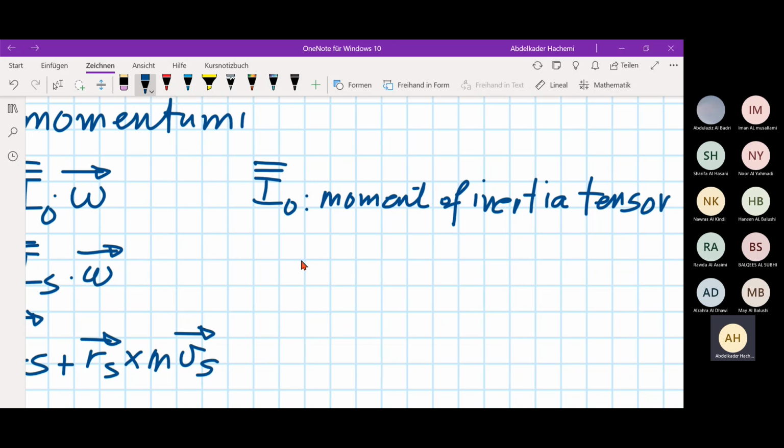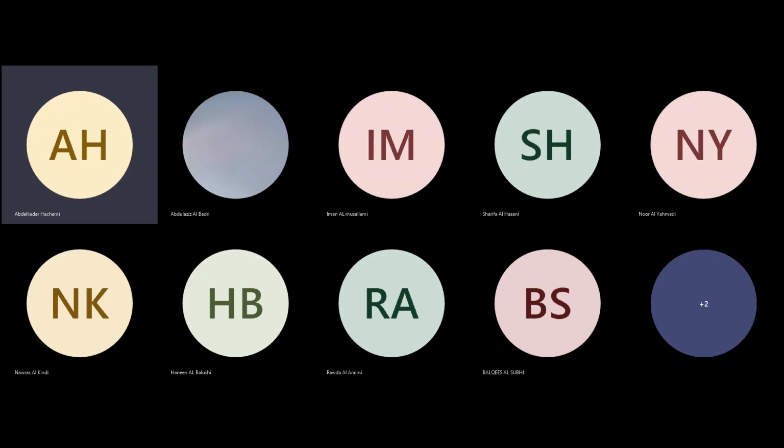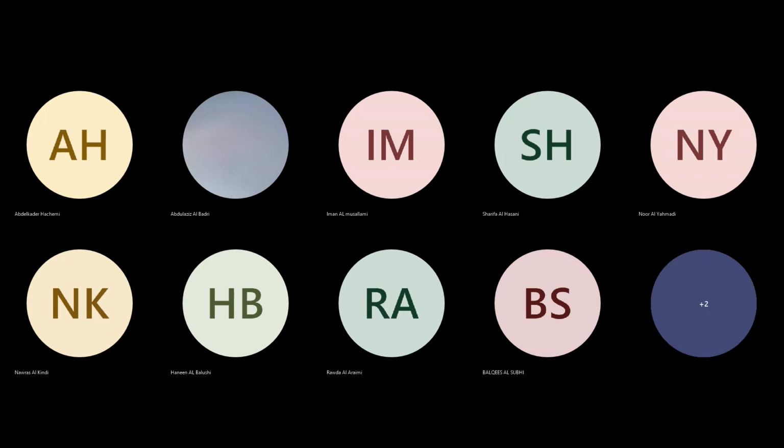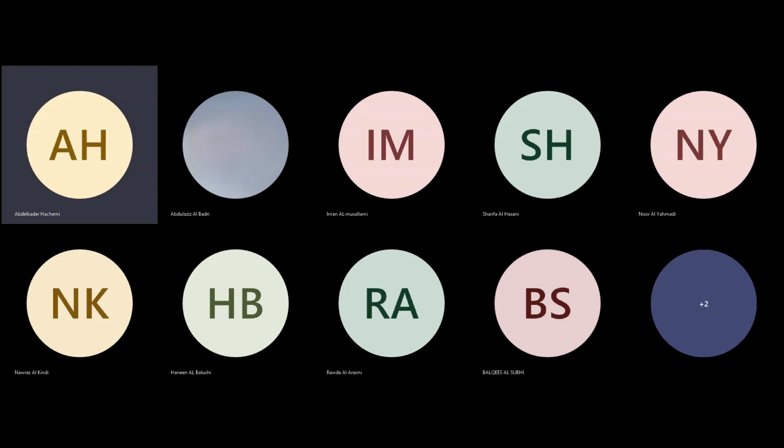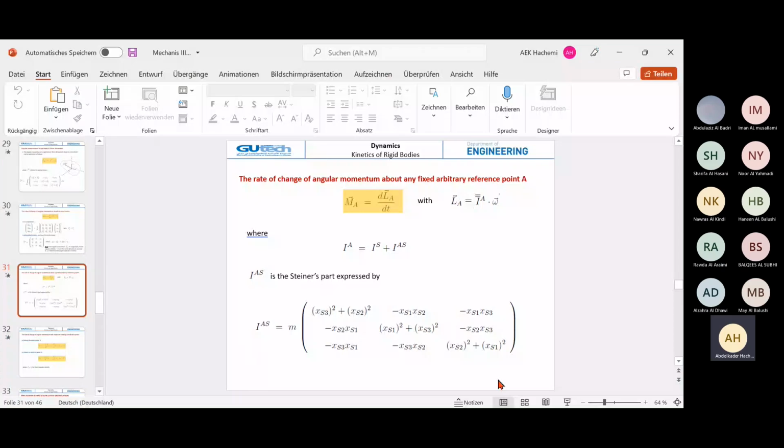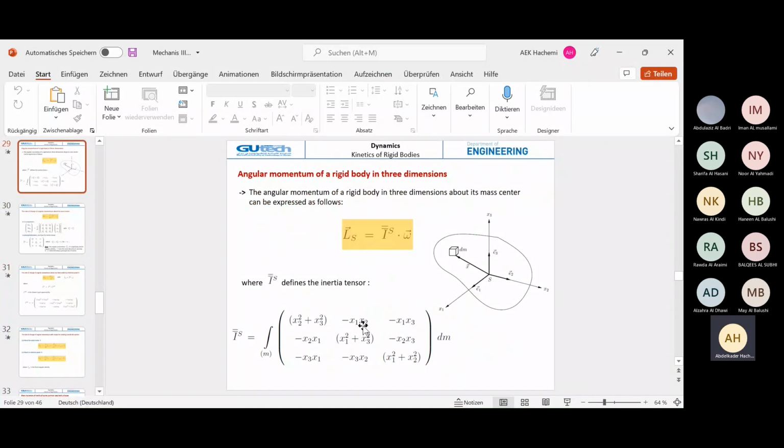Then it means here I O or I S is only this tensor here, or I S is defined by this one.